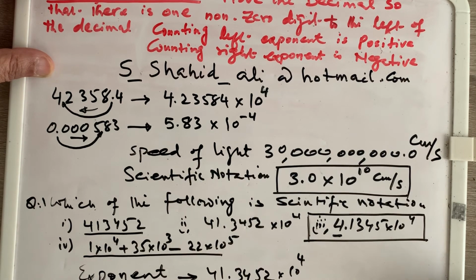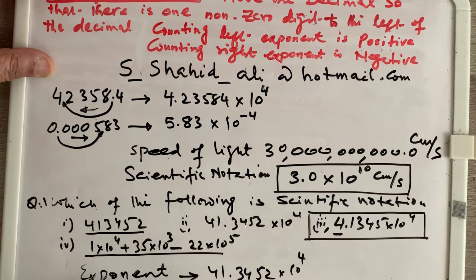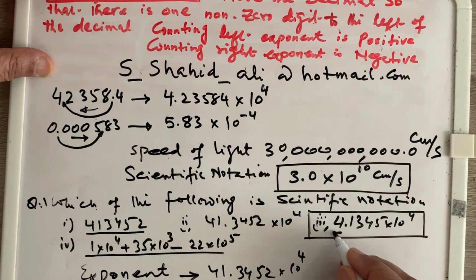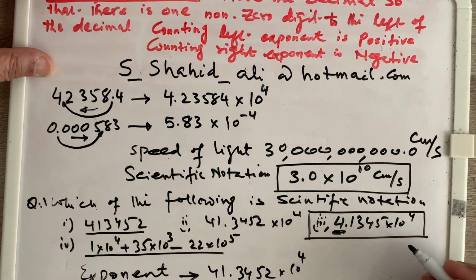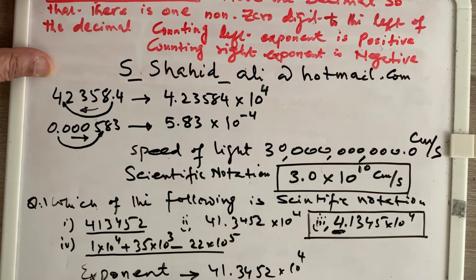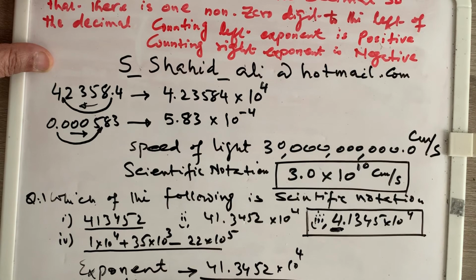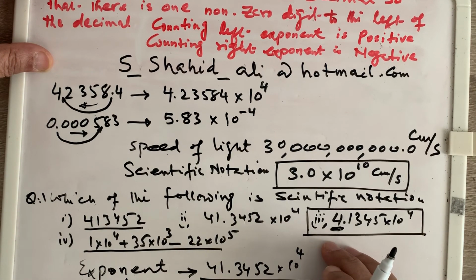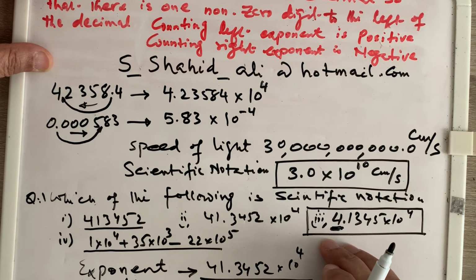But if we are saying that exponent form is the same as scientific form, then scientific form must follow this rule that I have to have one digit to the left of the decimal. So this can be called an exponent form, but this is not a scientific notation. Scientific notation must have one digit to the left of the decimal.